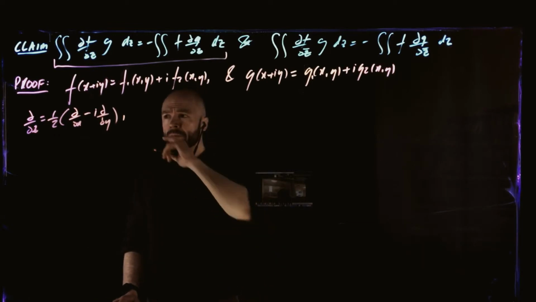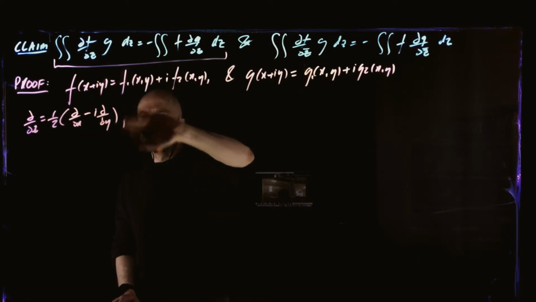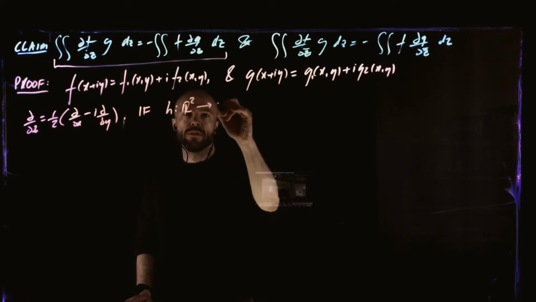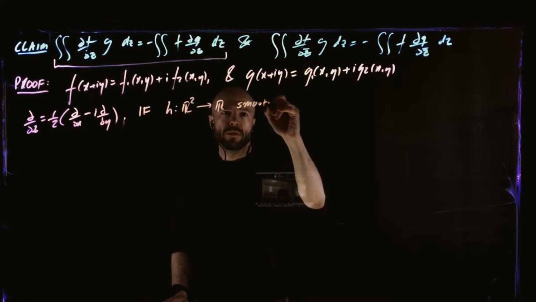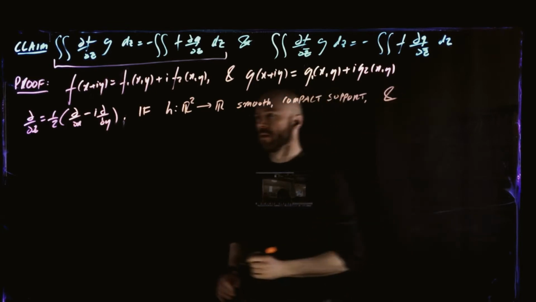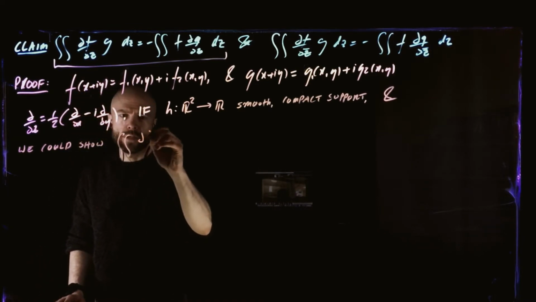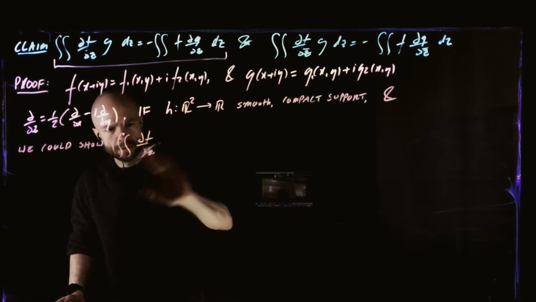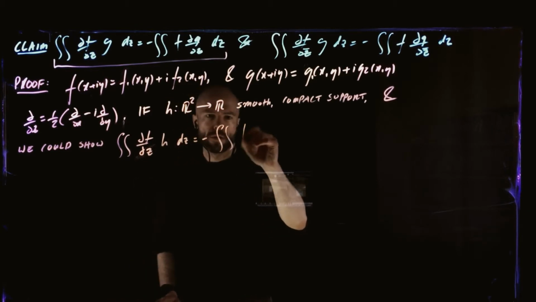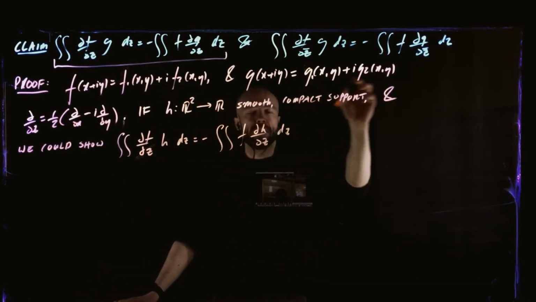And the first claim is as follows. So notice that if we have h, which is from R2 into R and smooth, compact support, and we could show this stuff, df by dz, h dz is minus the integral of f dh by dz, then we would be good, because this thing g is just this function consisting of the real and imaginary parts.